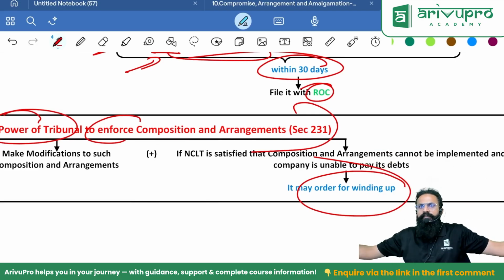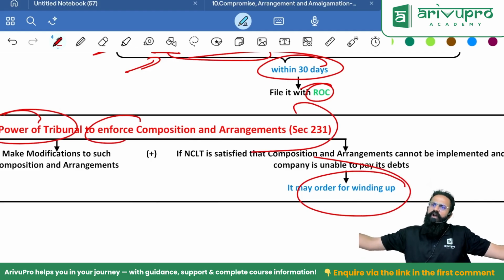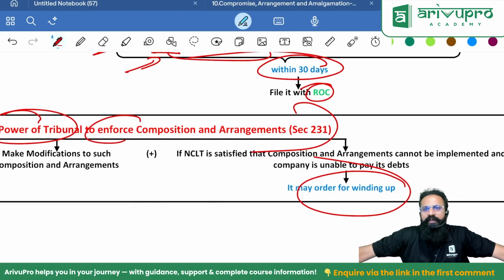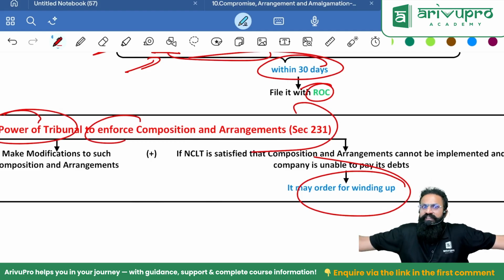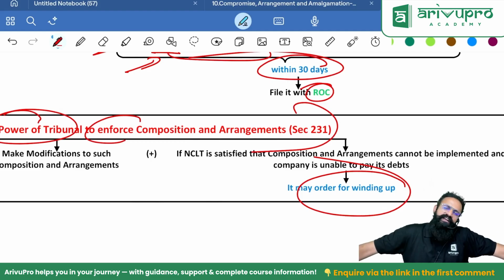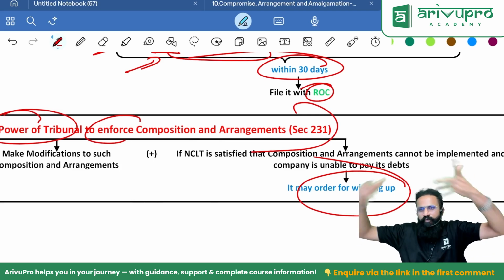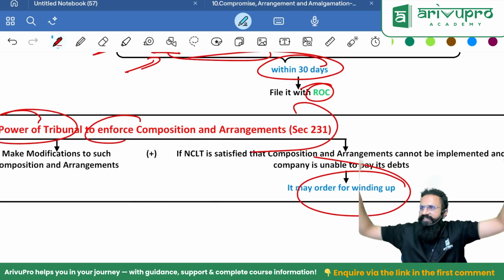We gave you 6 months' time. You were not able to complete what you promised. In 231, we will try to modify the scheme. If the scheme is not possible to modify or you are not able to see a solution there, then the NCLT will pass an order to wind up the company. Whatever the money is, you wind up and take it. That's the last thing I can do.